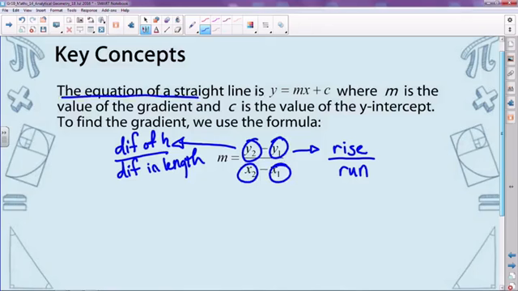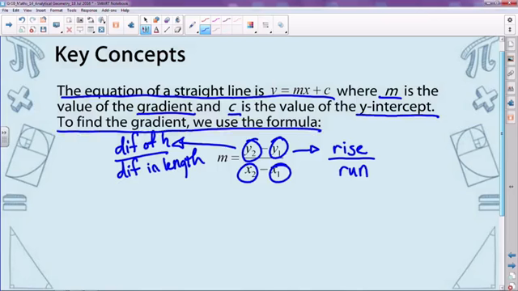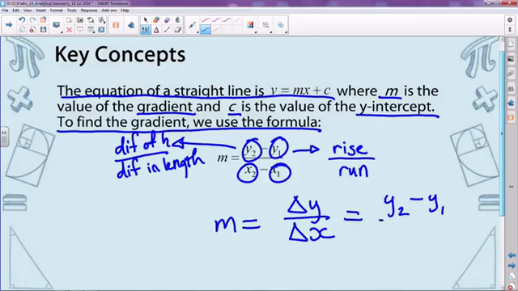The equation of a straight line is y equals mx plus c, where m is the value of the gradient and c is the value of the y-intercept. To find the gradient, we use the formula, and let's just rewrite it. m equals the change in y. Yes, I used some physics there. Over the change in x. It's the lazy way to write it. We should write it as y2 minus y1 over x2 minus x1.